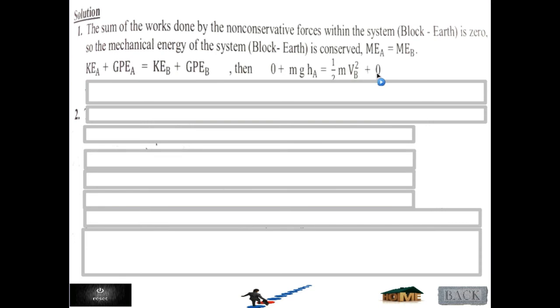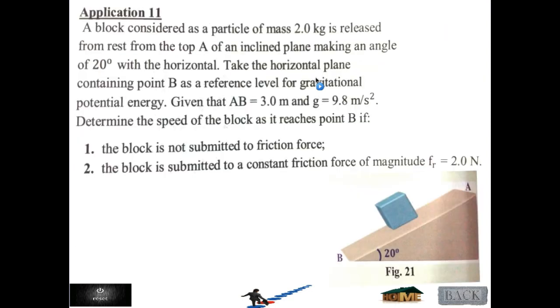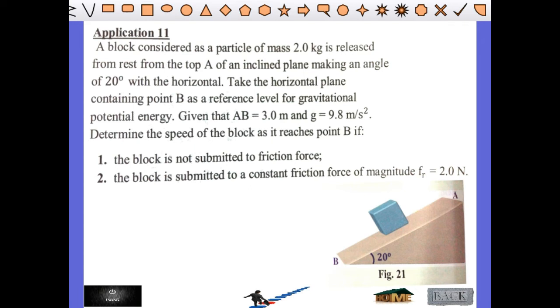So gravitational potential energy at A is m g h_A and kinetic energy at B is half m v_B squared. We need v_B, but we can calculate h_A, the height at point A. This is the height I need to calculate.